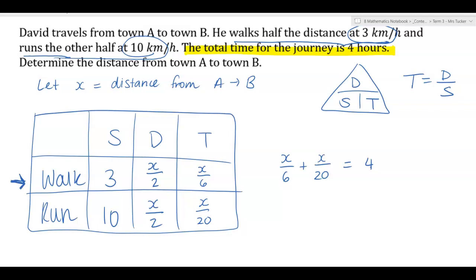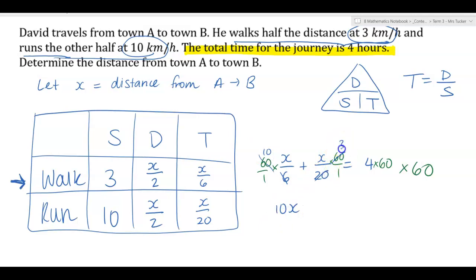I would times everything by the lowest common denominator. What's the lowest common denominator going to be? 60. Yeah. All right, so we times by 60 over 1, times by 60 over 1, times by 60 over 1. So then we cancel those, and we have 10x over 1.